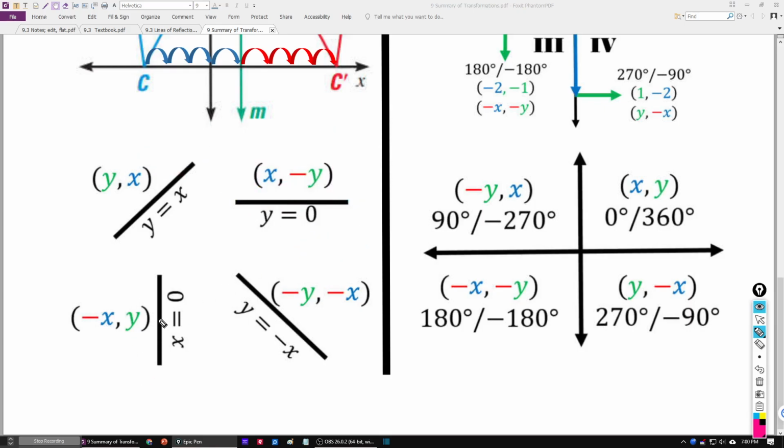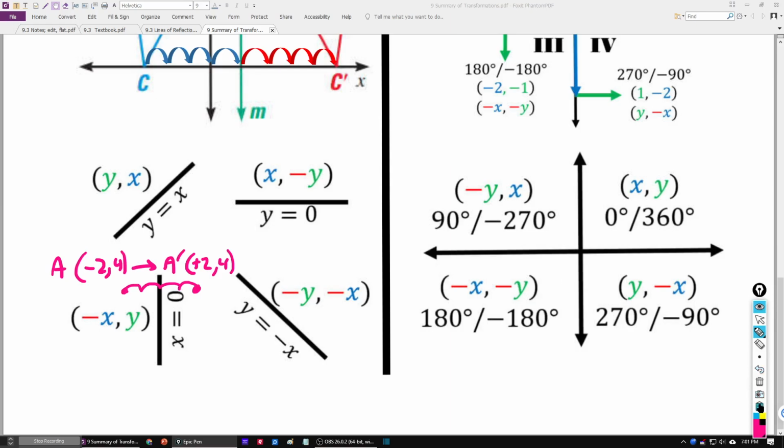And then for the y-axis, the line x equals 0, as you know, is a vertical line. That's the y-axis. Let's say we have a point over here, and this is at -2, 4, and let's say this is A. I'm going to transform this, so it's 2 steps to the y-axis, and I go 2 steps beyond that y-axis, so A prime is going to be at +2, 4.